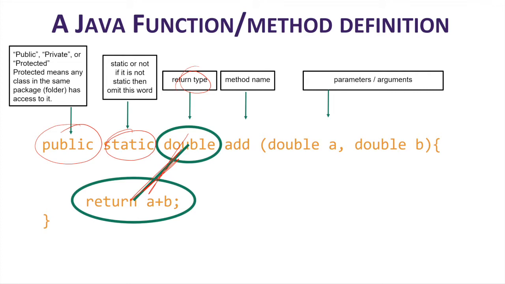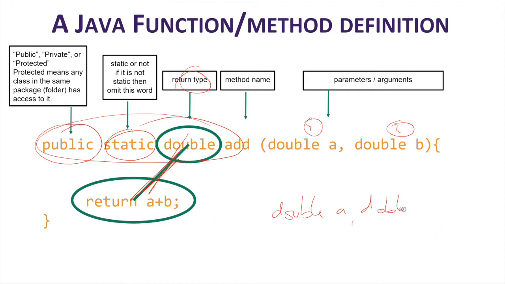It's worth mentioning as well that a function or a method can be overloaded. In other words, this might be double add, and I take in two parameters, 1 and 2. I might create another public static double add, another function with exactly the same signature, but with double A, double B, and double C as well.